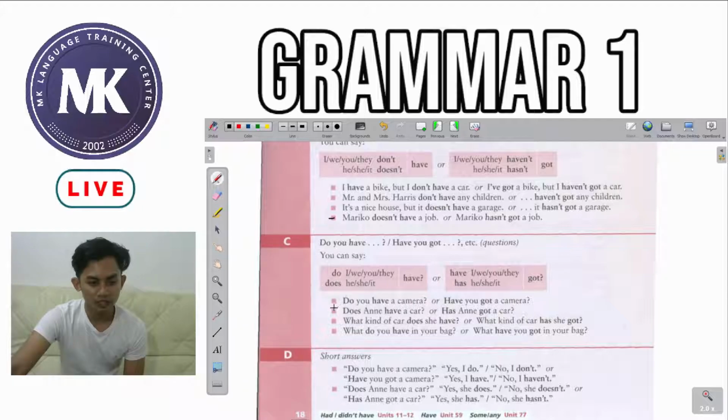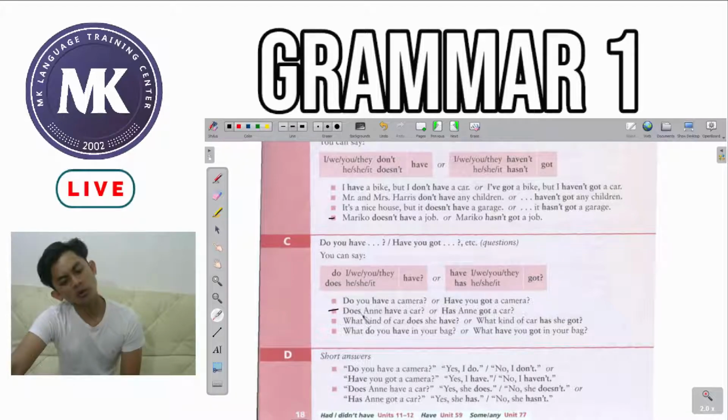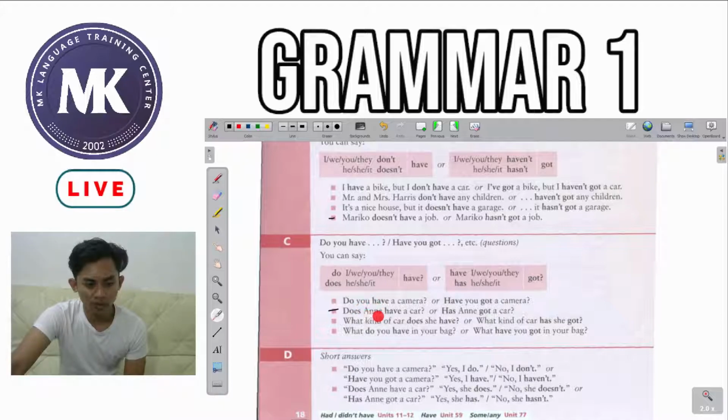Okay, so for the second sentence, "Does Anne have a car?" or "Has Anne got a car?" Same thing here in the beginning, but you might ask, this is a proper noun, not a pronoun. How do I know what I should use, do or does?